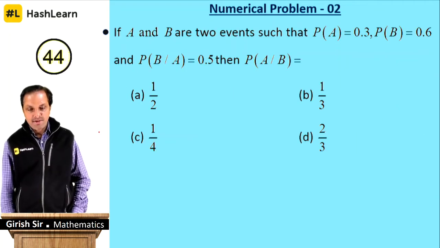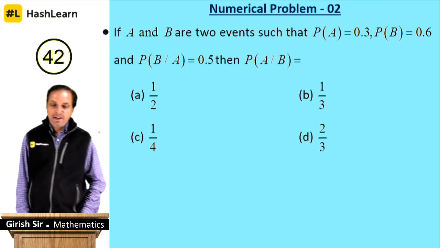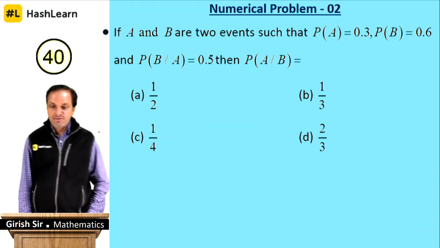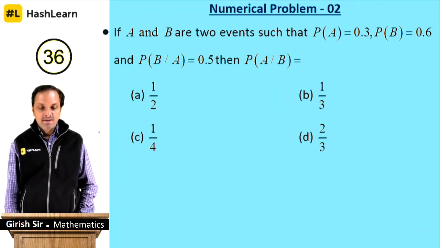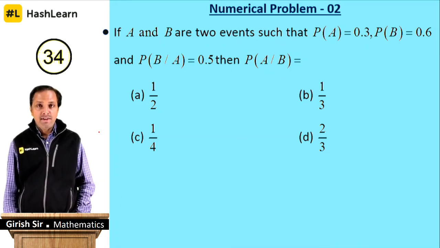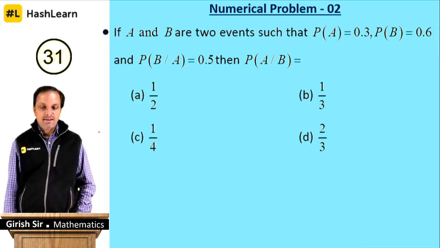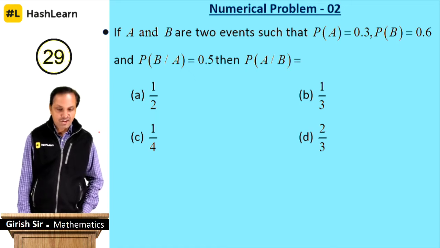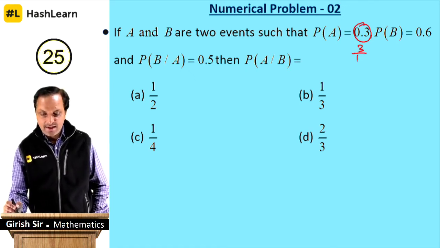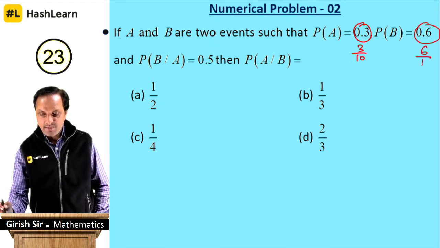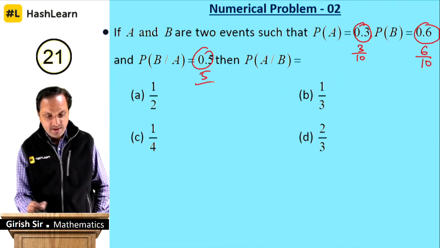And the next problem is here. So be careful. They are giving you the probabilities of two events in decimals. See, whenever they give you decimals, you can always convert them to fractions so that your simplification becomes easier. So take this as 3 by 10, this as 6 divided by 10, and this as 5 divided by 10.